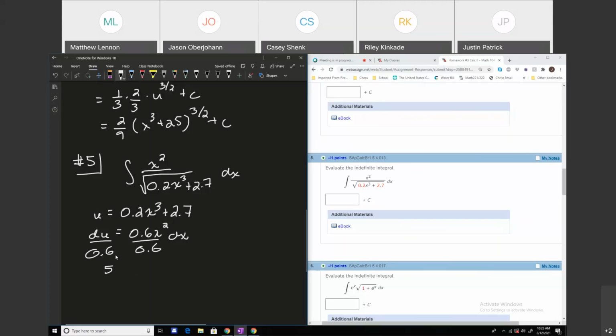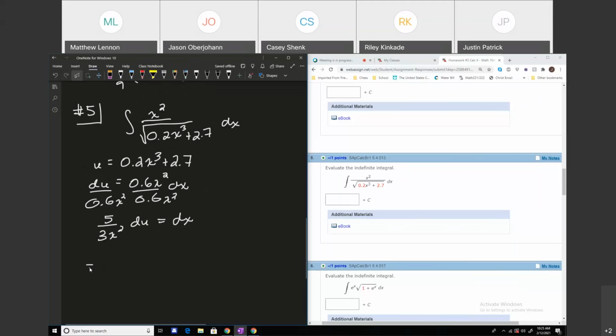So 5 x squared on both sides. 5 over 3x squared is equal to dx. And then there's the du. Gosh, I keep writing everything wrong. So 5 over 3x squared times du, and that's what is equal to dx.